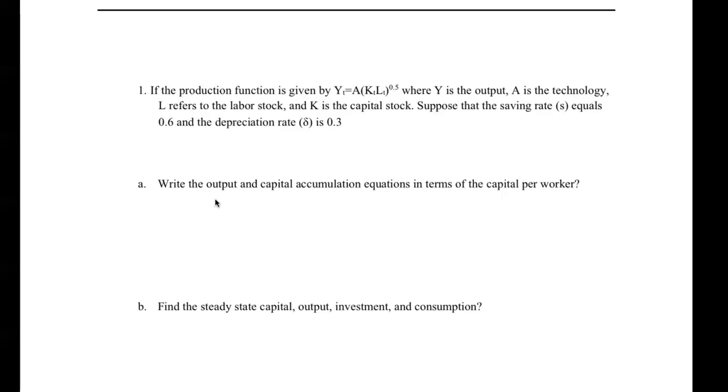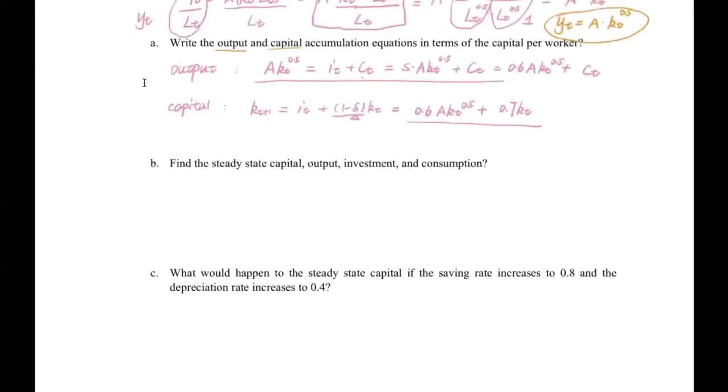And for question B, find the steady state capital, output, investment and consumption. Remember, what is the steady state? Steady state means that KT plus 1 equals KT equals K. It means that for every period, the capital per worker would be the same.